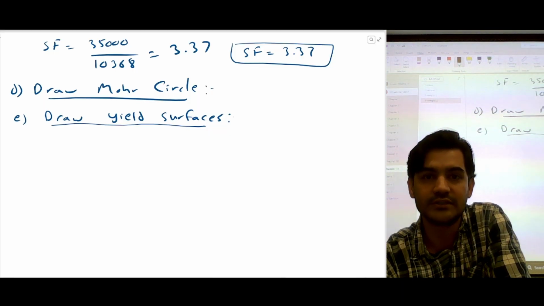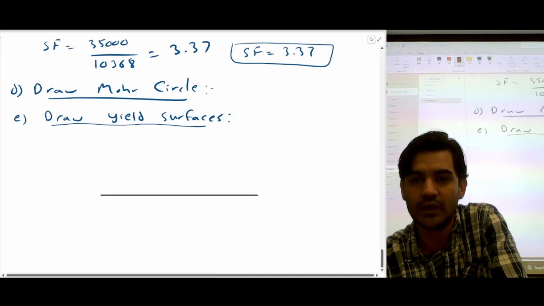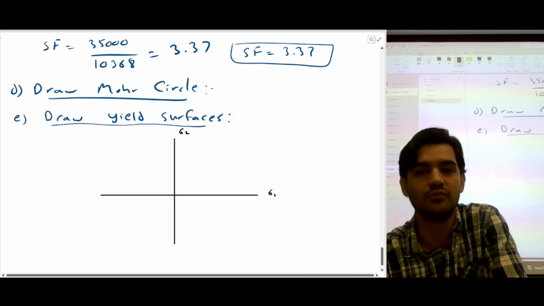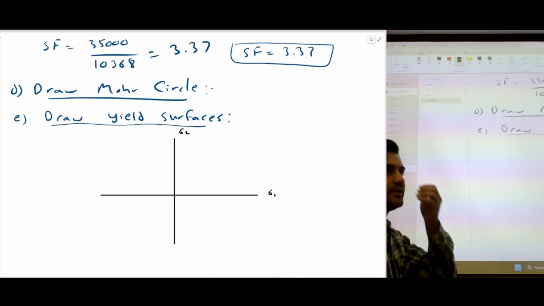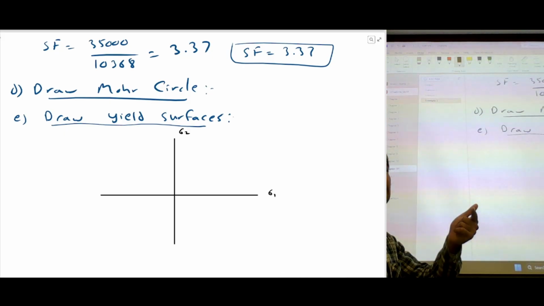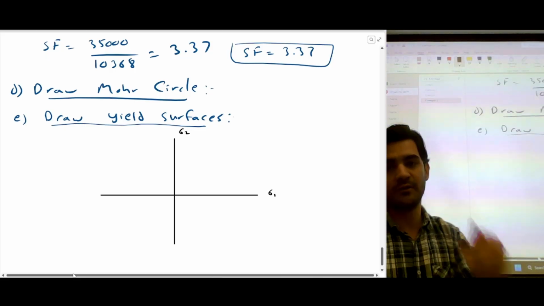We touched this a little bit, but I'm going to just draw this. To figure out failure, we need to know stress 1 and stress 2. In all the equations in von Mises and Tresca, we had stress 1 and stress 2, and that's how we figured out failure. So that's why I'm going to plot stress 1 and stress 2 on a plot.